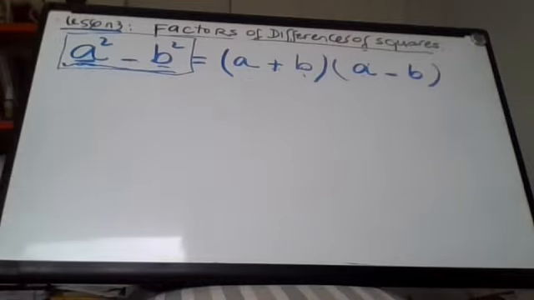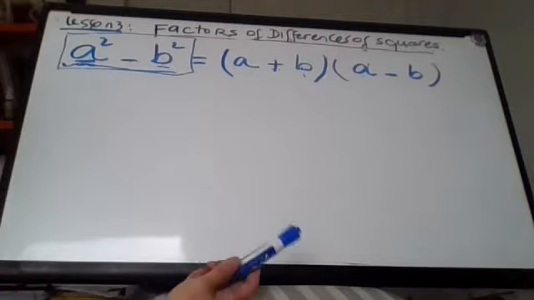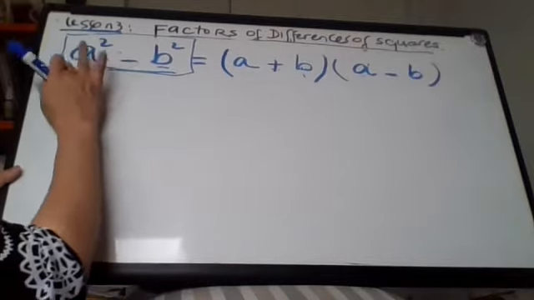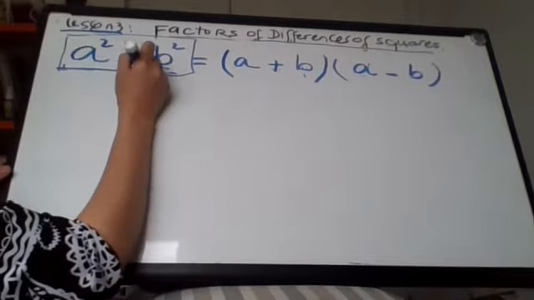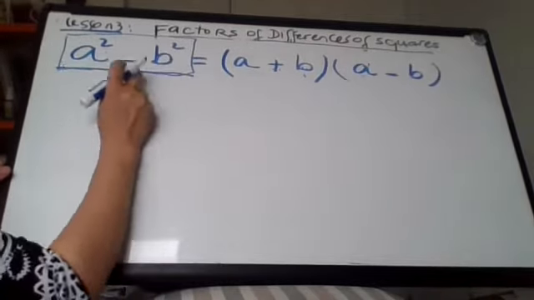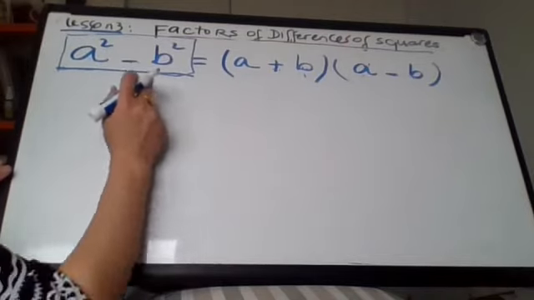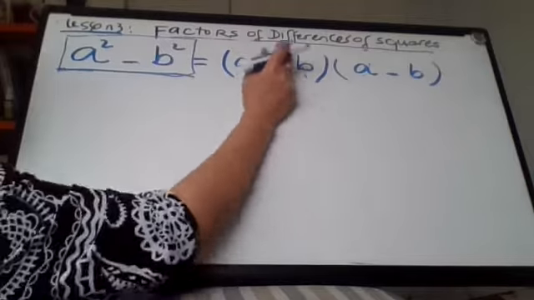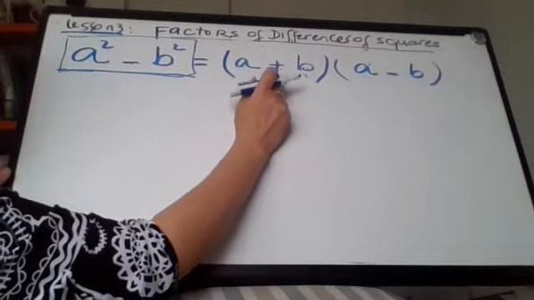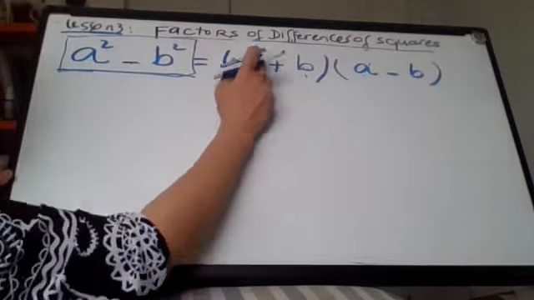And how do you remember? So easy. This is not a hard formula to memorize, right? The pattern is difference of squares, a squared minus b squared, equals the same bases a and b. Put in the first bracket with the plus sign, a plus b, and not power 2, right?